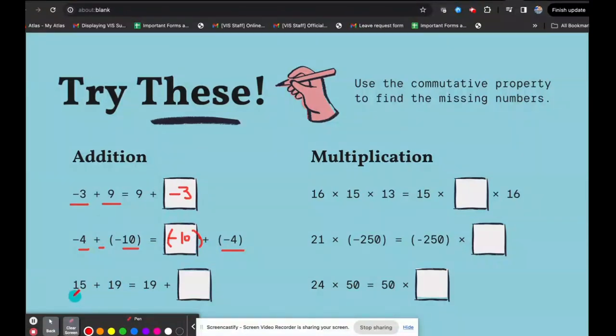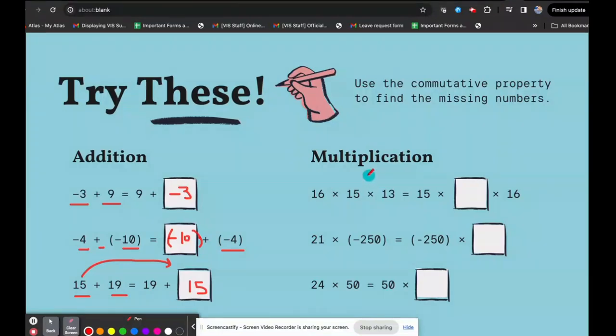The next one is 15 plus 19, equals 19 plus what is missing here? Of course, 15 is not here, so write 15 here. If we change the order in addition, the answer will remain the same. This is called the commutative property of addition.